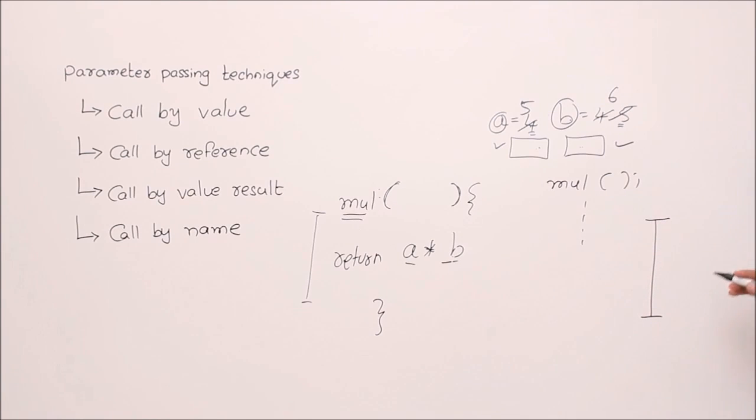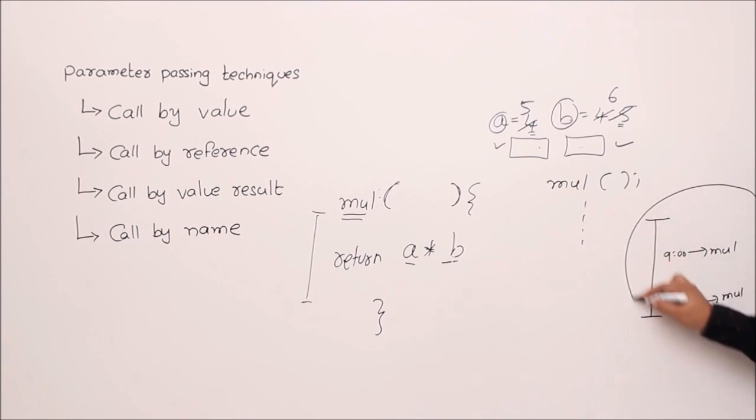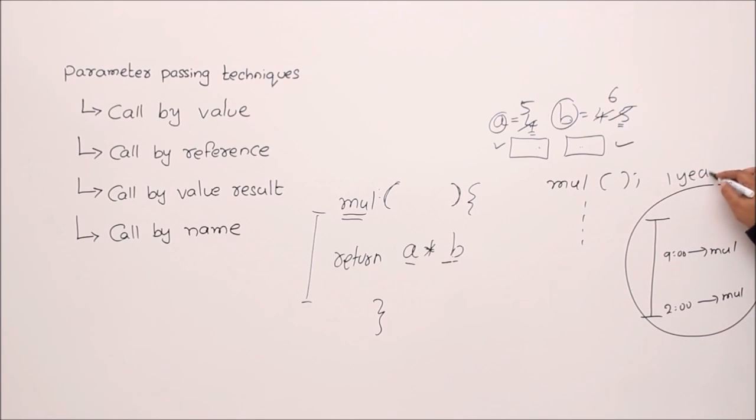At 9 o'clock you are running the multiplication program. At 2 o'clock you are running the multiplication program. But your program is going to run for, let's say, 1 year. Imagine, just a worst-case situation, you are executing a program for 1 year.